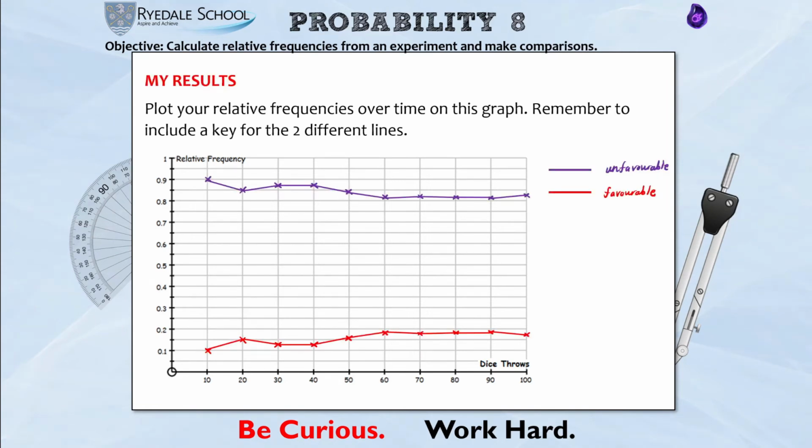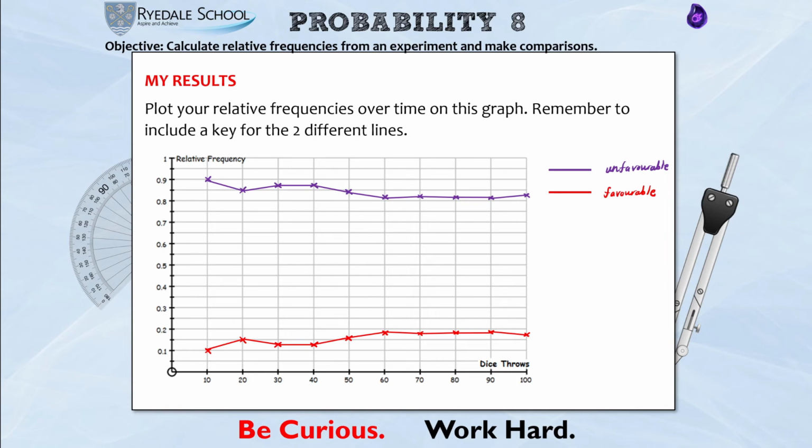So here is my finished graph. I've labelled, I've done my key, and you'll notice that I've got my favourable and my unfavourable outcomes represented as lines. Now there's a few interesting things to spot on your graph, and again this will be an indication that you've done a reasonable job today.